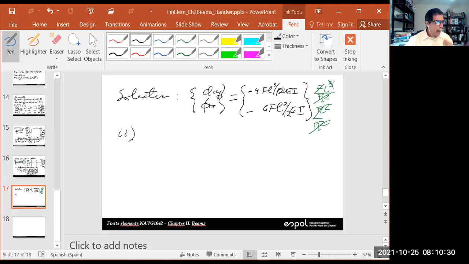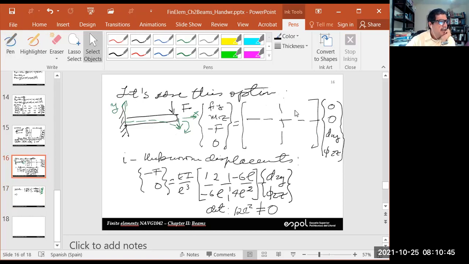Okay? Now, let's go to the second part of the solution, of the second subsystem. See, these are the two. This is number 2, right? So these are the displacements of the second joint. The displacements of the first joint are 0. So right now, we know all displacements of the system. What we do in the second part of the solution is, since this vector is completely known, we multiply by the first 2 lines.